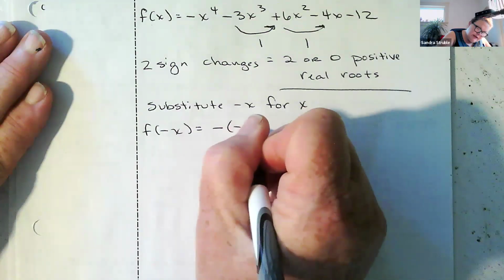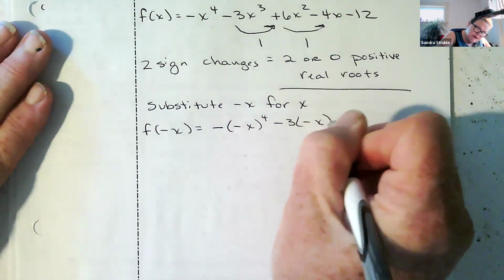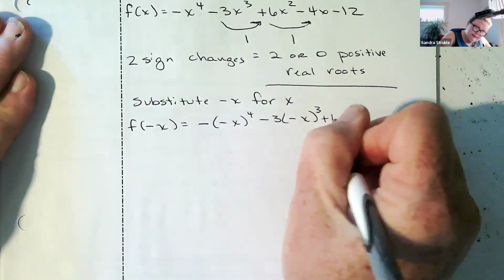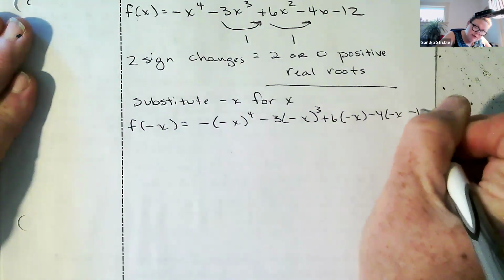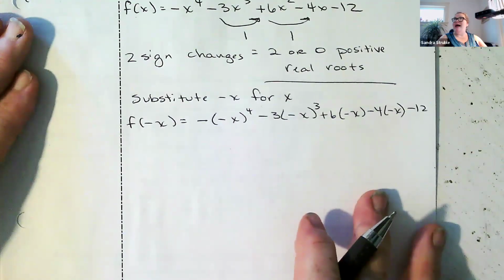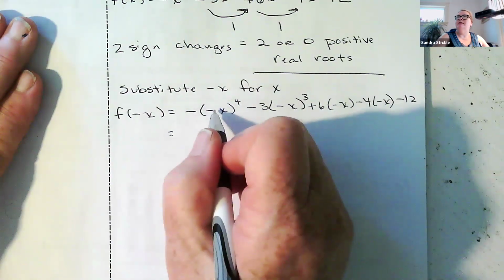So negative x to the fourth minus 3 negative x cubed plus 6 times negative x minus 4 times negative x minus 12. Now we have to simplify before we do anything further. Please don't try to skip steps. It doesn't work.